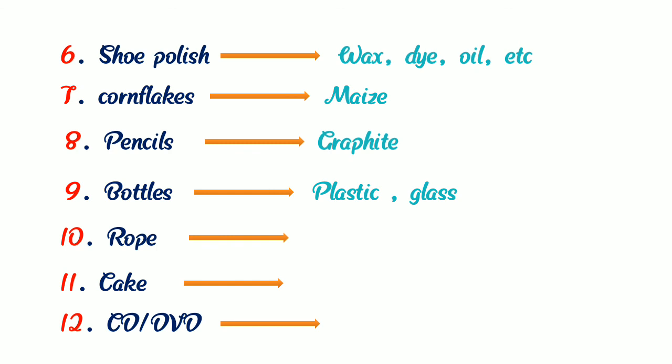Very good. Okay, now number 10, rope. So, rope is made with core. Okay, now number 11, cake. You all know that cake is made with flour, sugar, and essence.